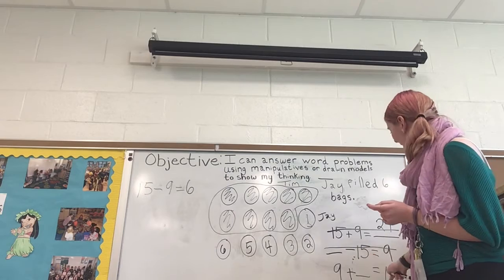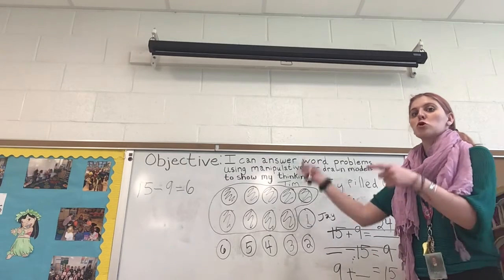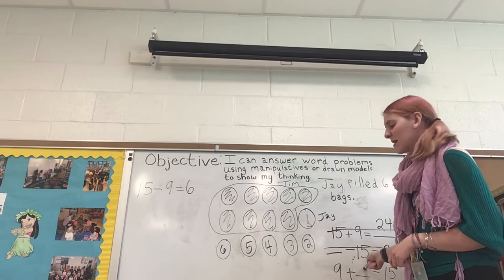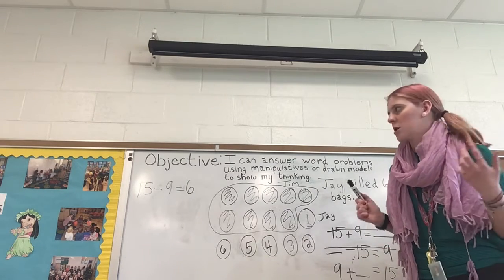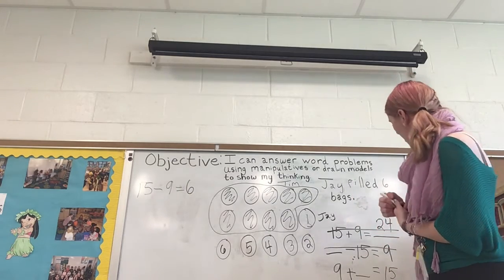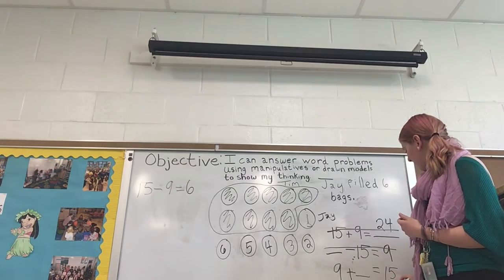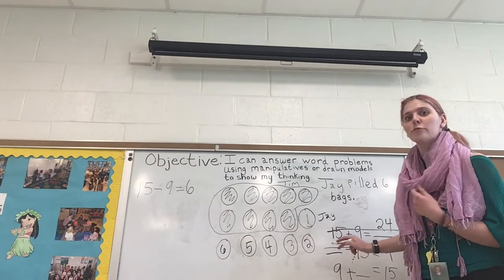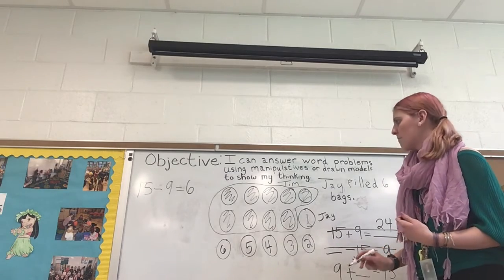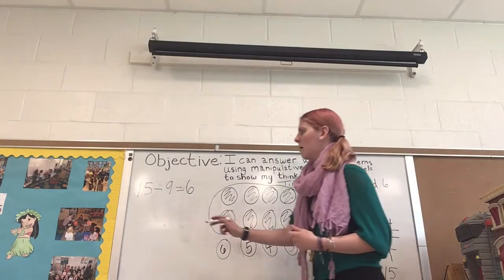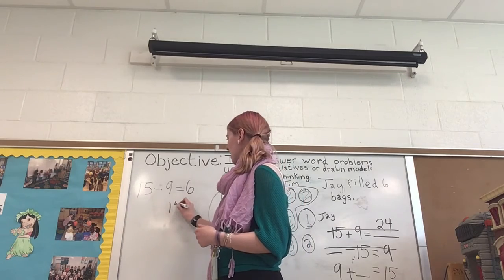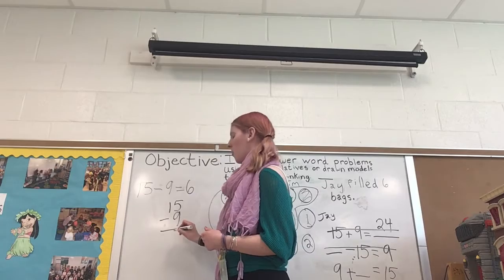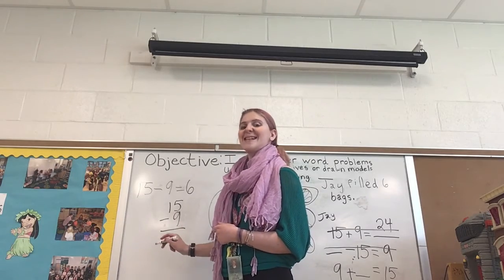So here, I'm going to use subtraction to help me find the blank for an addition problem. I'm going to look at the sum, the 15, and subtract the other number to find the blank. I'm going to take 15 minus 9 equals 6.